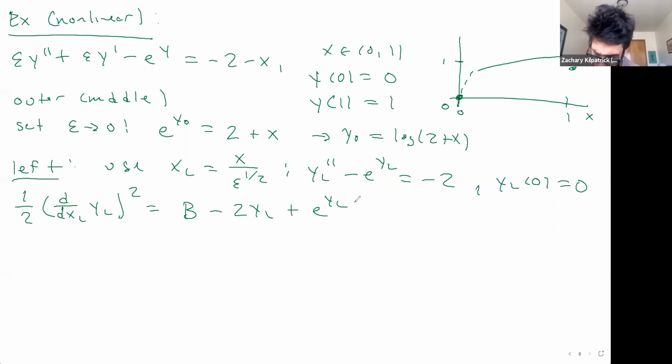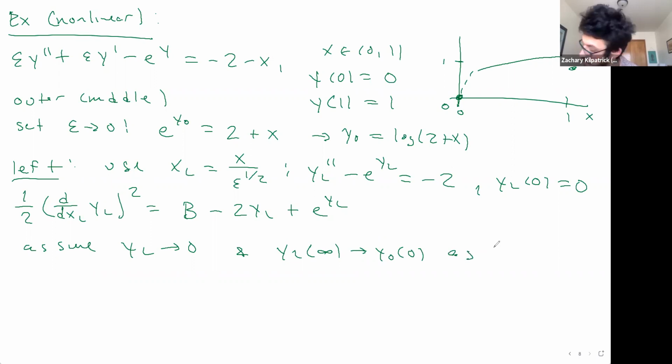And if we assume that YL goes to 0, and YL of infinity goes to y0 of 0 as XL goes to infinity, okay?